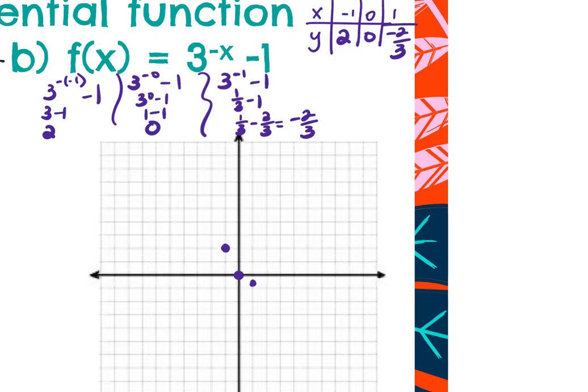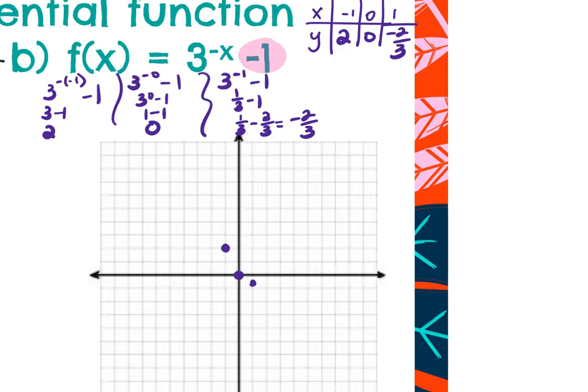So clearly we're decreasing as I fall to the right. This would mean it's decay. Like if you compare this to growth and decay models, if it's increasing, it's growth, and if it's decreasing, it's decay, which is this. And we've dipped below the x-axis this time. I said it before, but just as a reminder, your horizontal asymptote moves with a vertical shift.